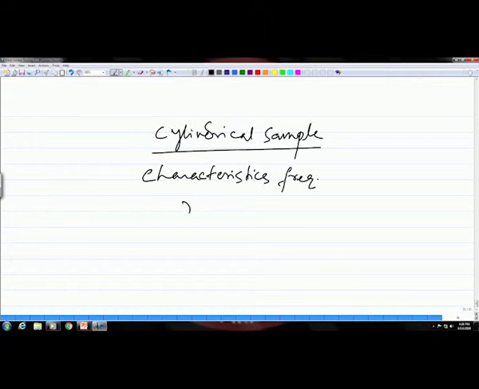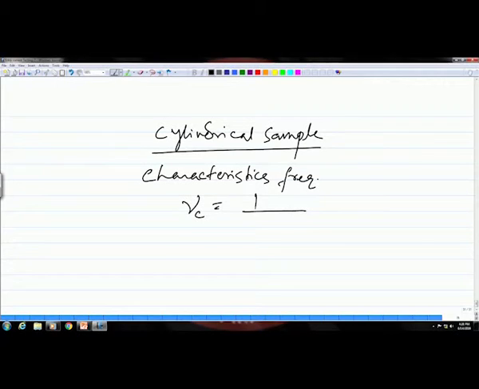Let us call that nu c, which would depend on the dimensions of the part and its magnetic and electrical properties in this fashion.